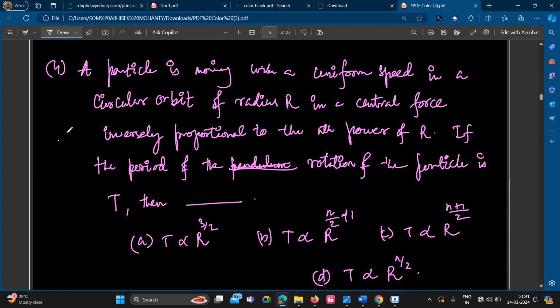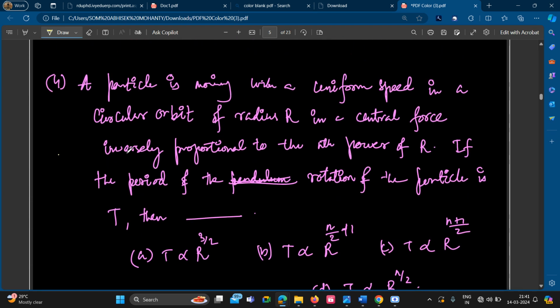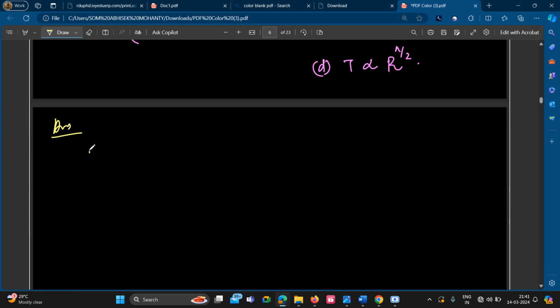Okay. See, according to the question, central force is given by what? Central force is inversely proportional to the nth power of r. So Fc is equal to k into 1 by r to the power n.